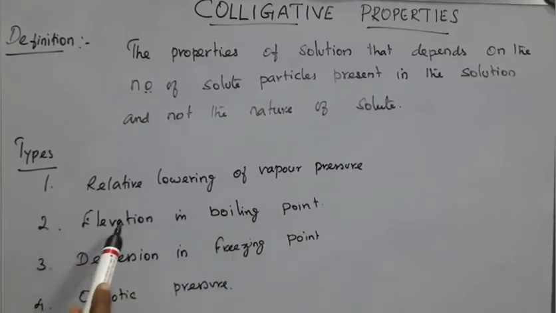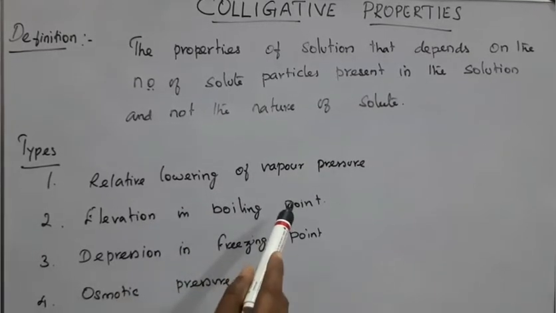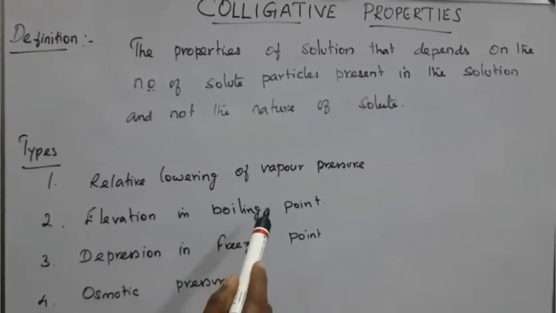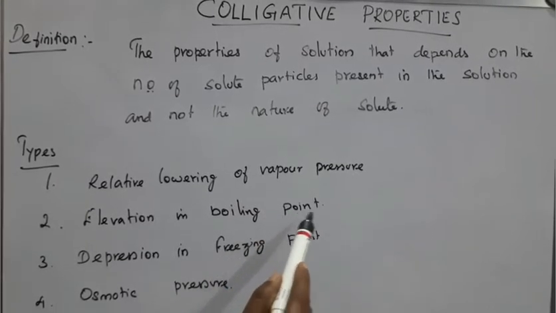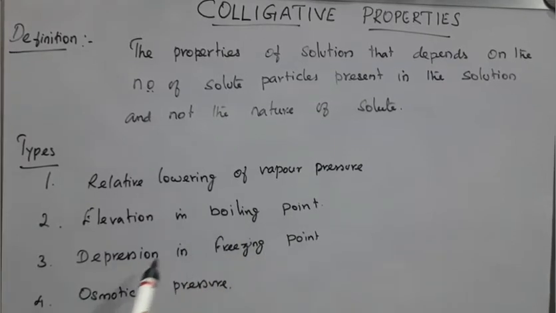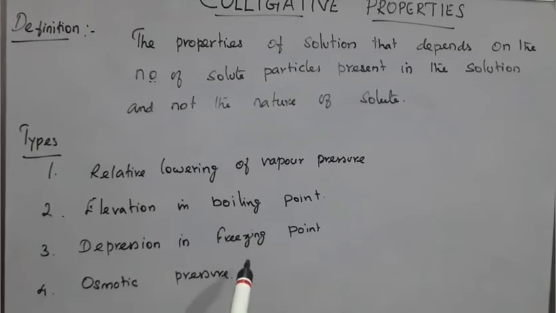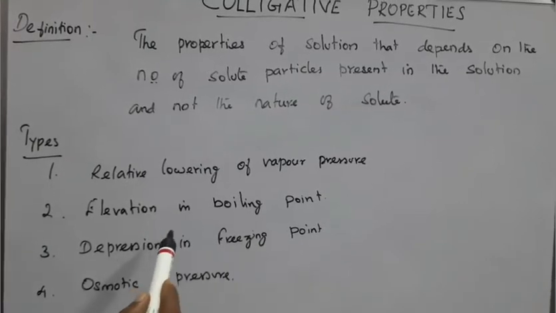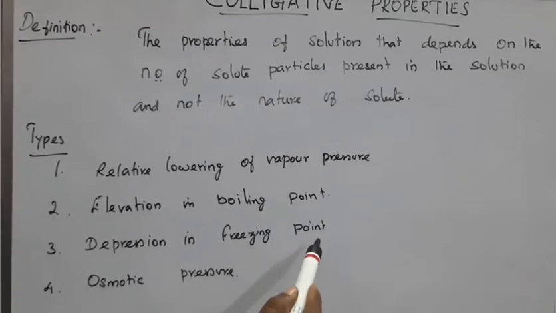The next one is elevation in boiling point: we can increase the boiling point of the solution by adding some amount of solute. Then depression in freezing point: we can decrease the freezing point of the solution by adding a small amount of solute.